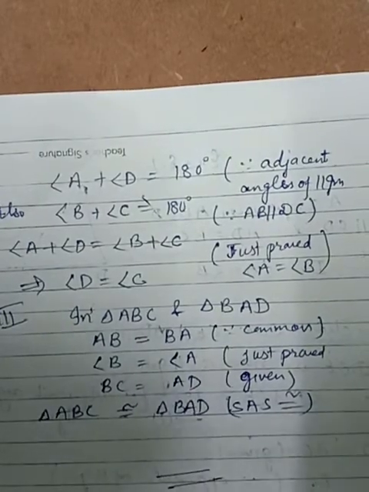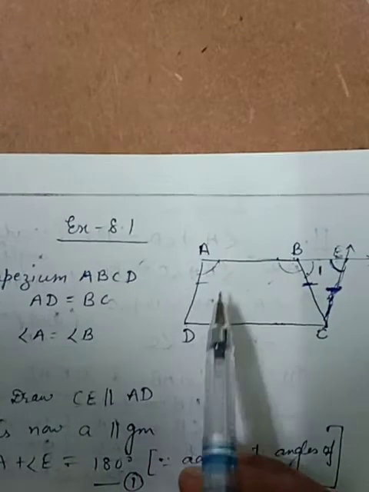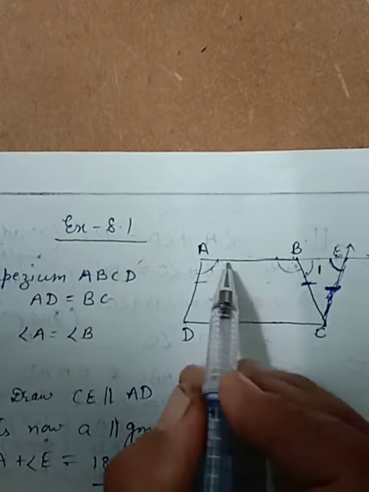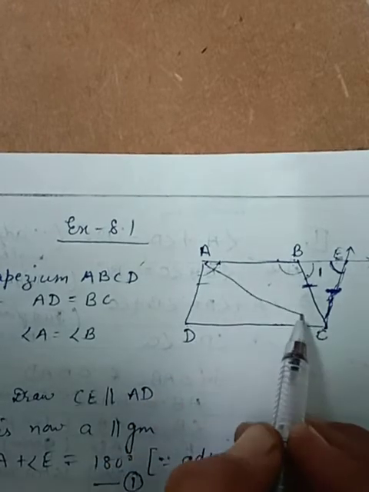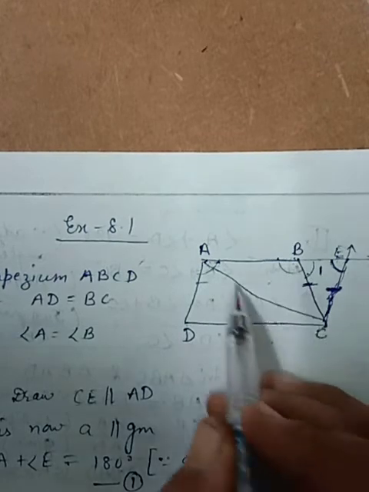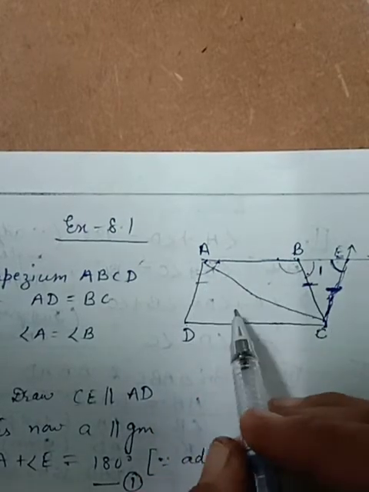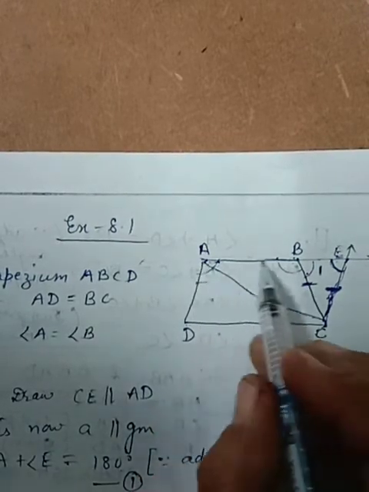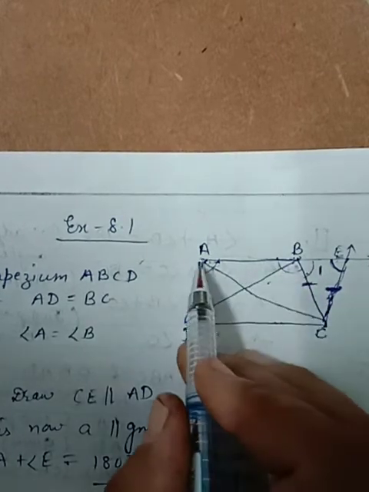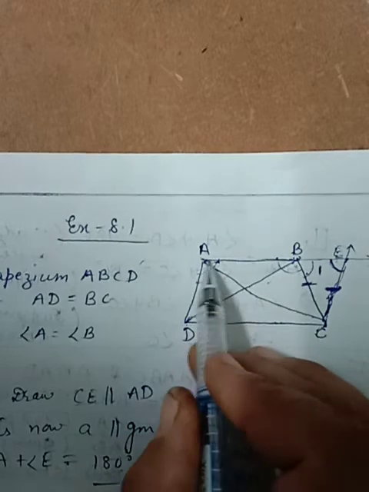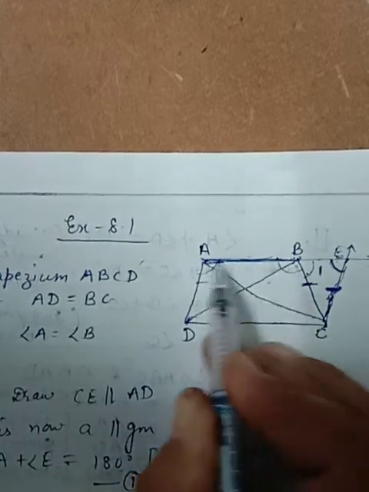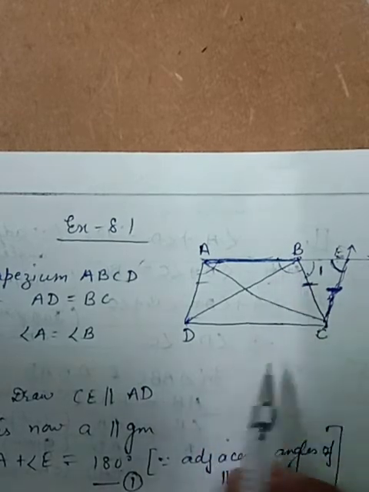I am showing you the diagram also. We have to draw triangle ABC, and the second triangle is BAD. In triangle ABC there is AB side and in triangle BAD also AB side is there, so we have taken a common side.